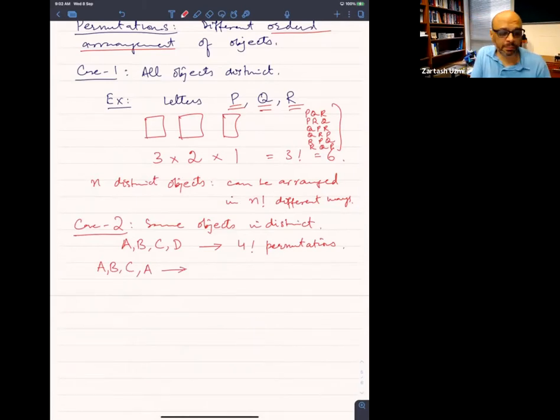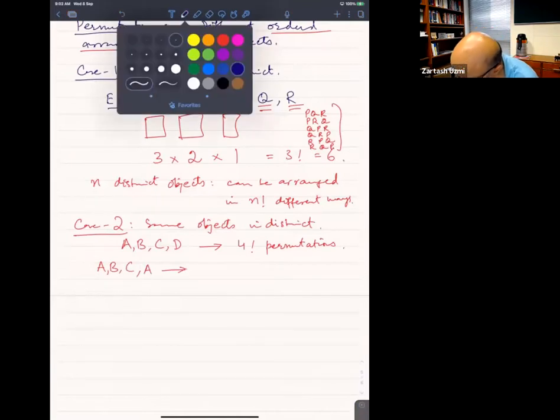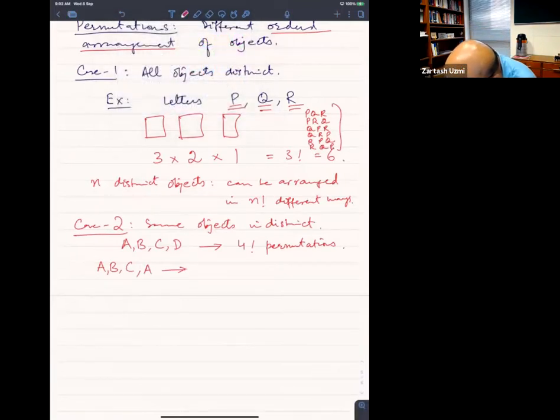Before you answer that, realize that I can call the first A as A1 and the second A as A2. So this can be written as A1, B, C and A2. So this is one permutation, A2, B, C, A1. Really, I have only labeled them A1 and A2, but both are A.